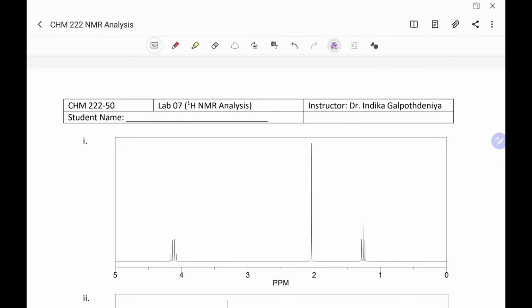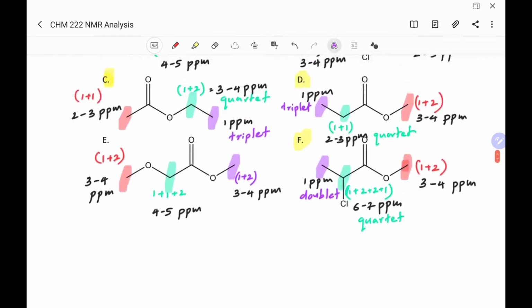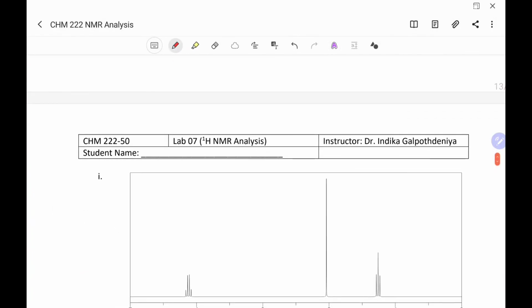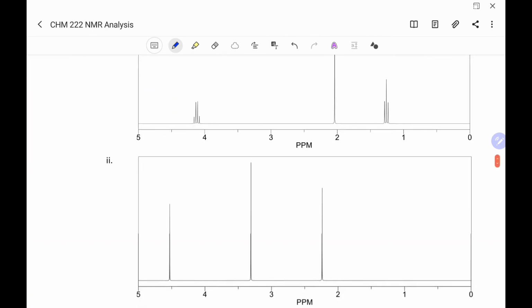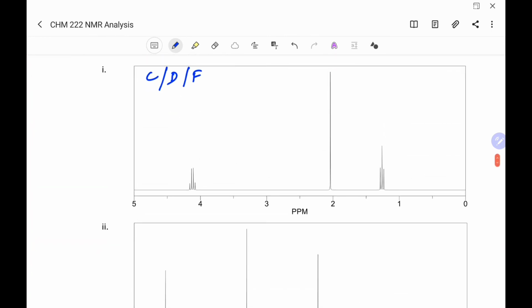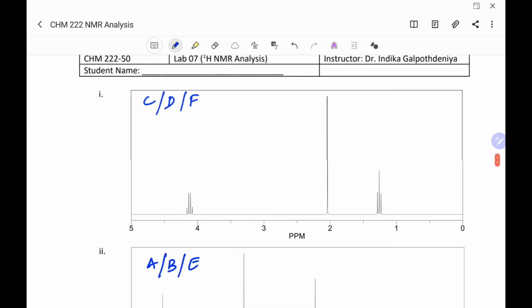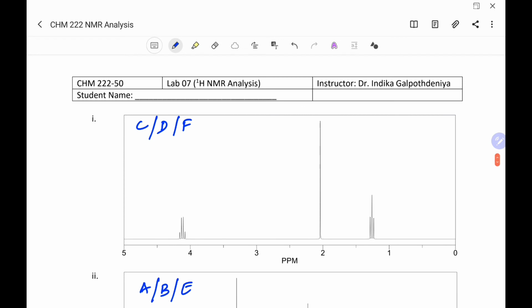The first one right here has a splitting pattern, so it should only match with C, D or F. So you already narrow your search to C, D and F. This one does not have a splitting pattern, so it is either A, B or E. If you have a splitting pattern, it will be C, D or F. If it does not have a splitting pattern, it will be A, B or E. Similarly, you can label all the NMR spectra, and then we will start our analysis.